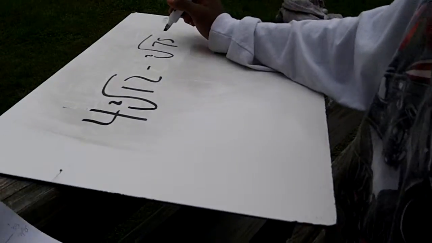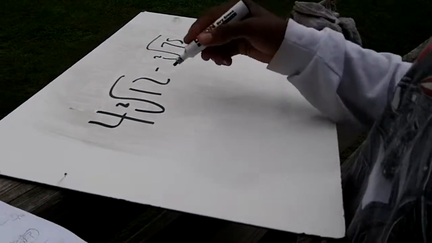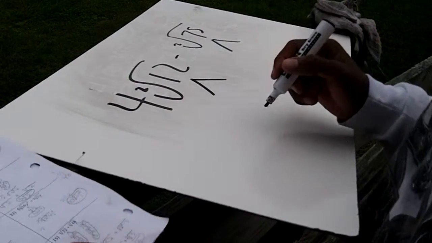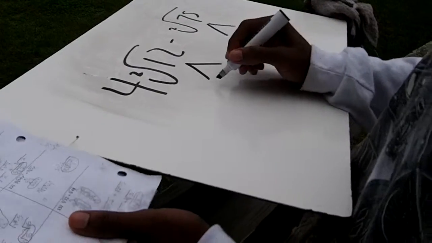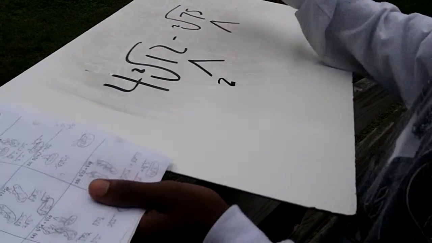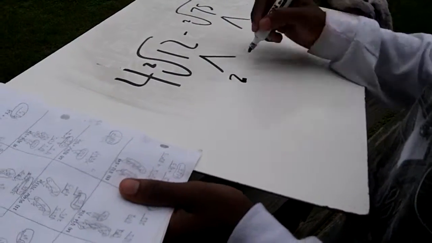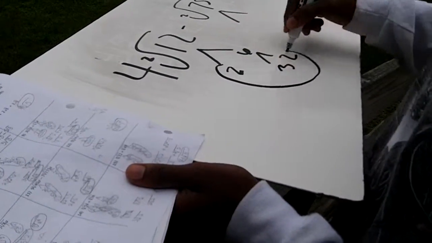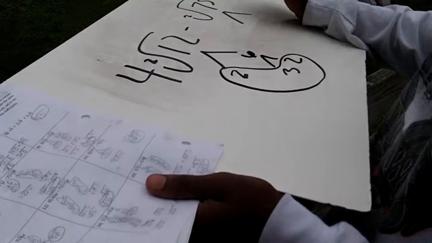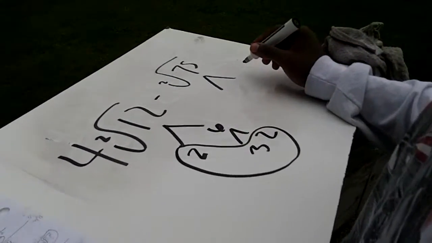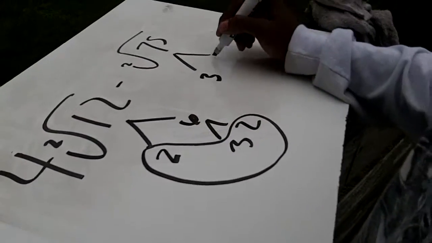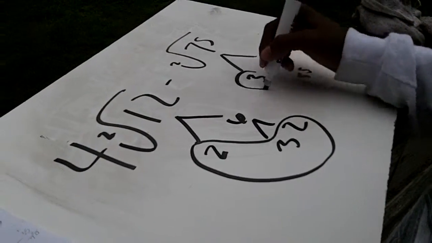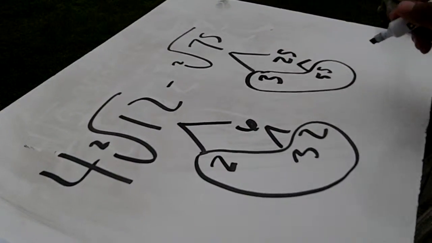The first thing you would want to do is factor 75 and factor your 12, because it'll lead to your answer, because of the perfect squares. So 12 is 2 times 6, 3 times 2, and 75 would be 3 times 25. That'll be 5 times 5, and voila.